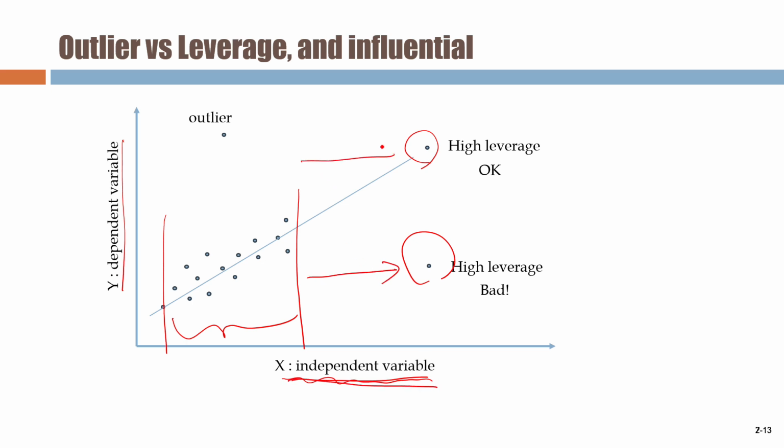This deviates from the group in the independent variable, that's the leverage. If you look at the dependent variable side, this is the normal range of all the data, but this is far away from there. That's what we call an outlier.